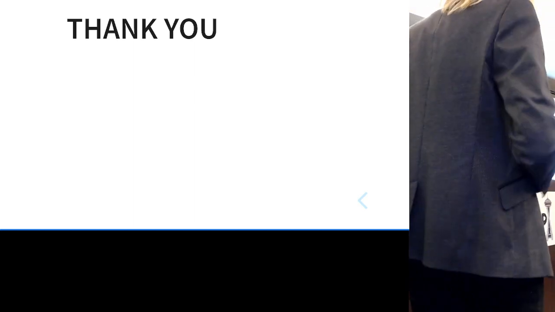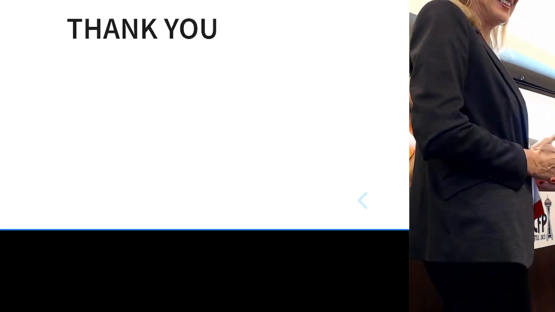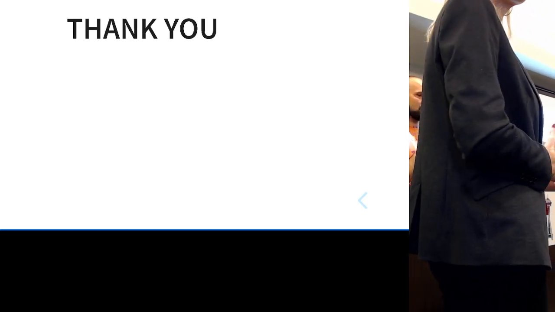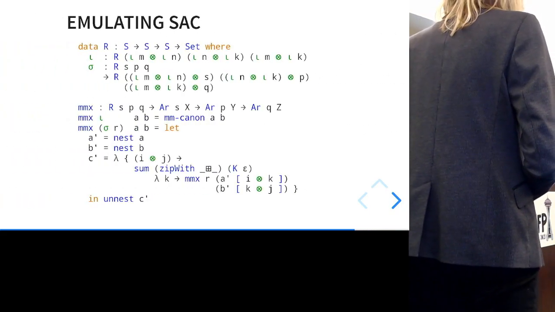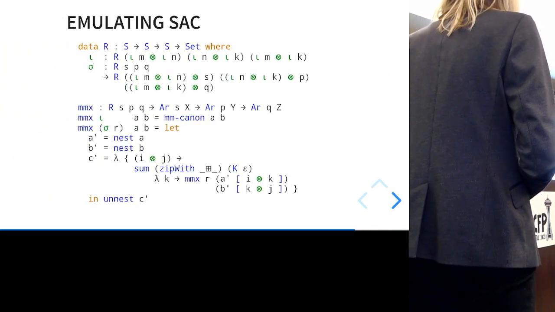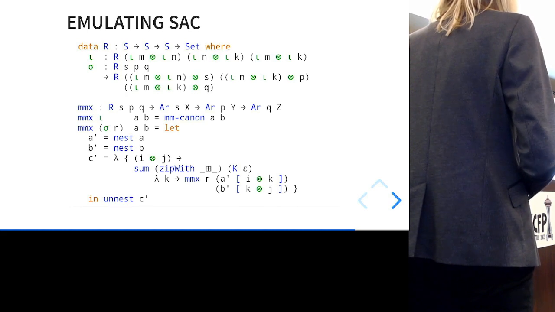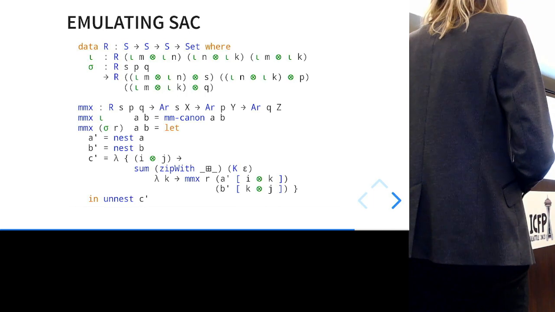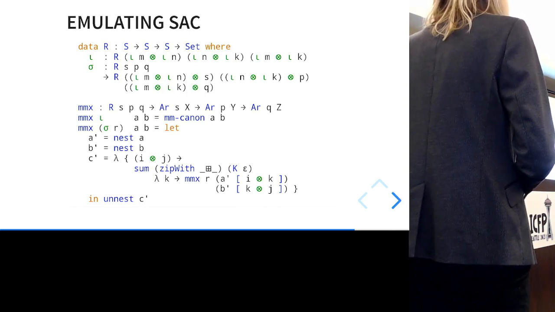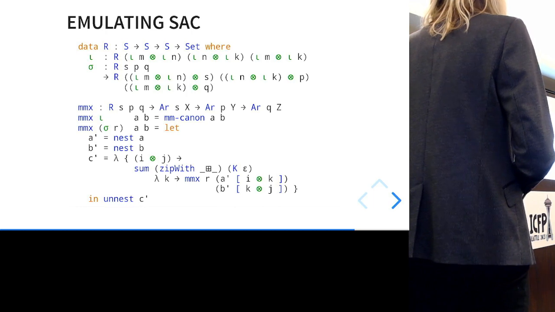Not really, because there's definitely a possibility. All you need to do is, as I'm doing here, introduce an extra relation to say that the shape is actually a 2 to the power of n unfolding. This is a bit more general than you need to specify the Strassen algorithm, but you can always fix this by saying, okay, I know something more about my shape. So specifying this is not a problem.